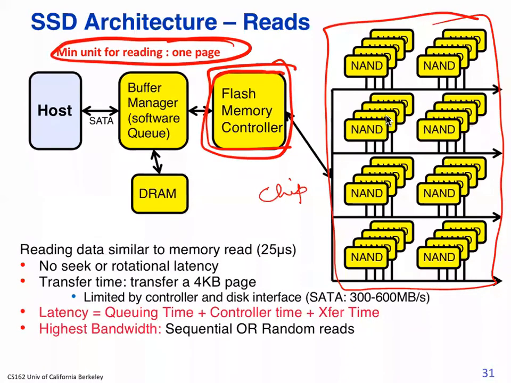And of course, there are other things like a buffer manager. If multiple requests are coming in, they can be buffered here, and there is an interface with DRAM, because whatever is read has to be there before being transferred somewhere, right? So even a disk drive, an HDD, will also have some RAM available.